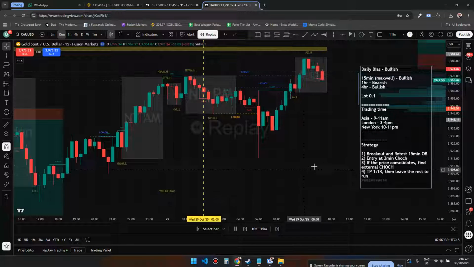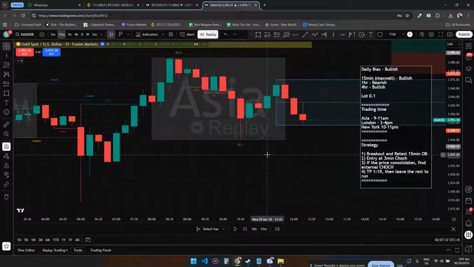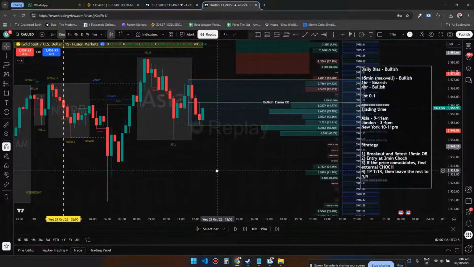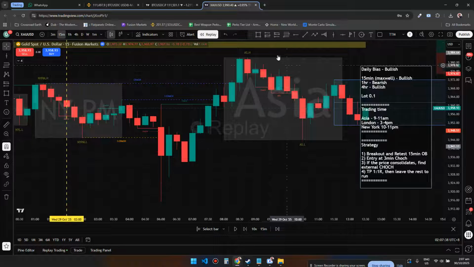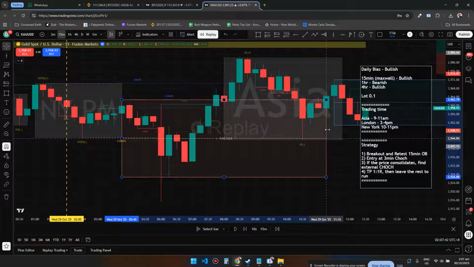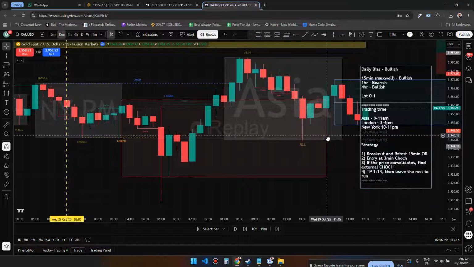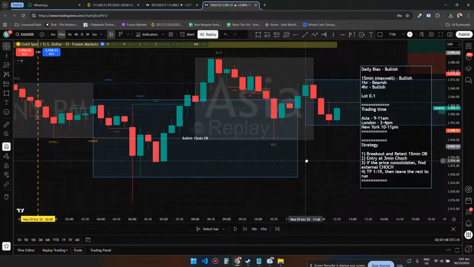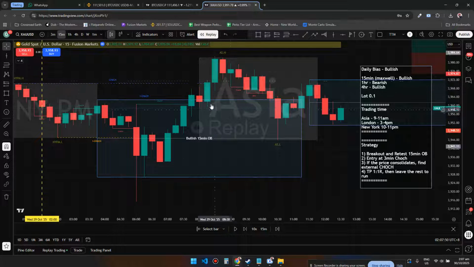So as time passed by, one of the things I look at is if there is any trade that occurs within this area.